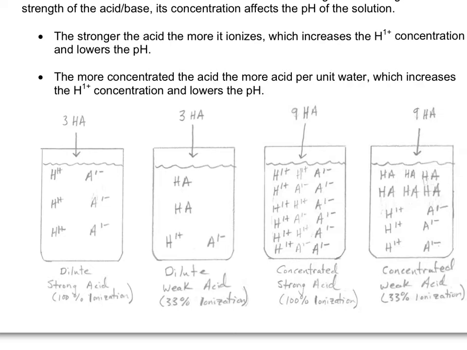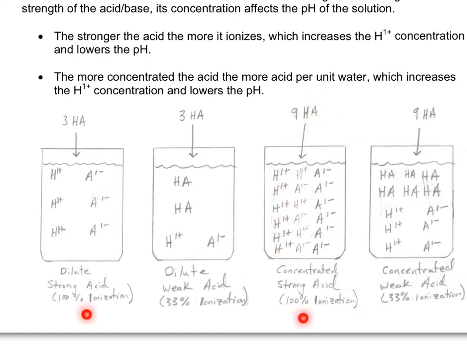The more concentrated the acid, or the more HAs I put into the beaker, the more acid per unit water, which increases the H+ concentration and also lowers the pH. Have a look and compare these two beakers. They're both strong acids. Here I throw in 3 HAs and they all ionize. Here I throw in 9 HAs and they all ionize.